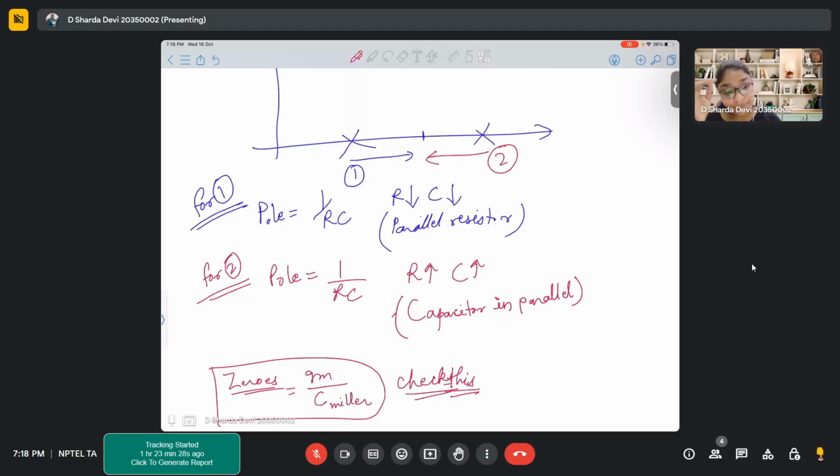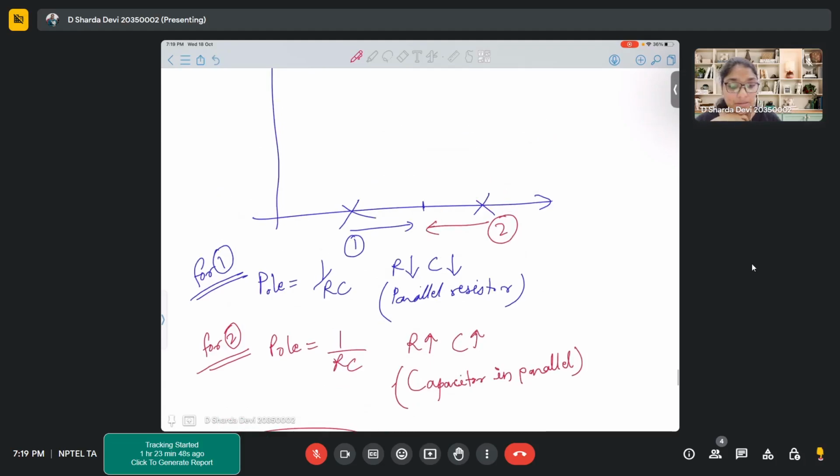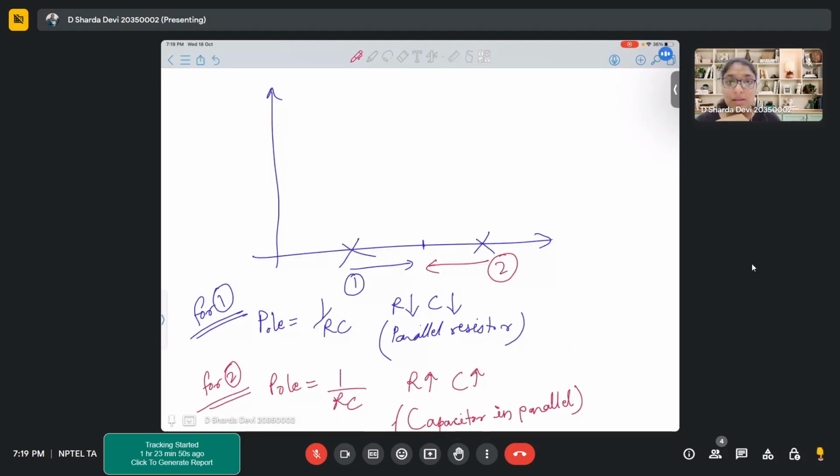Ma'am, as you said, the values are in between the two decades. Which values I didn't get? The calculation of poles and zeros. So you have to calculate the precise value of that particular pole or zero frequency.